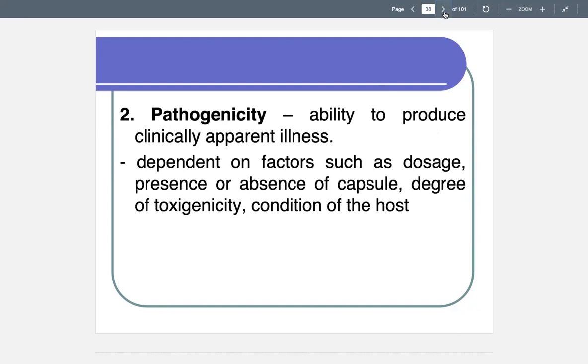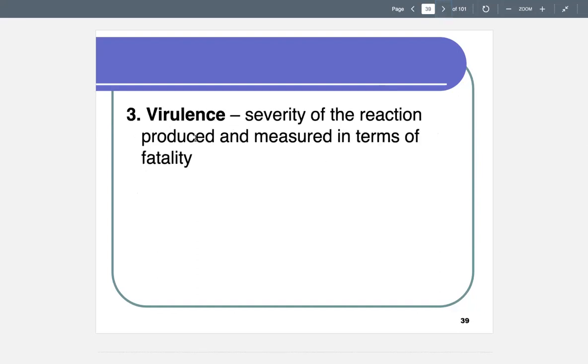Virulence, class, pertains to the severity of the reaction produced, measured in terms of fatality. Whether the infection is mild or severe, it could be an infection that could lead to death or fatality.